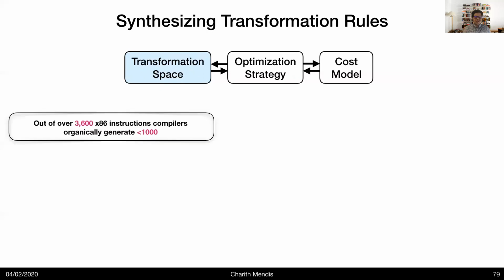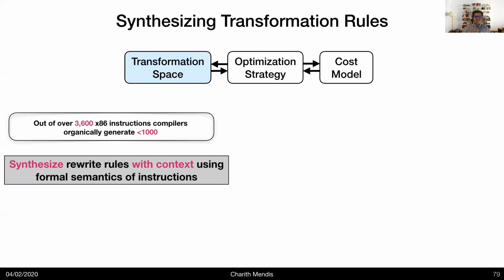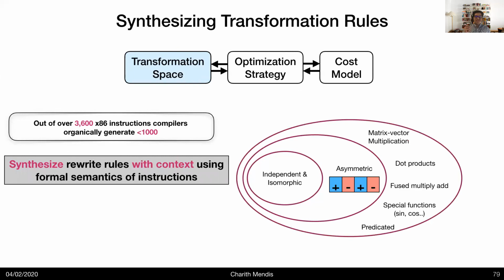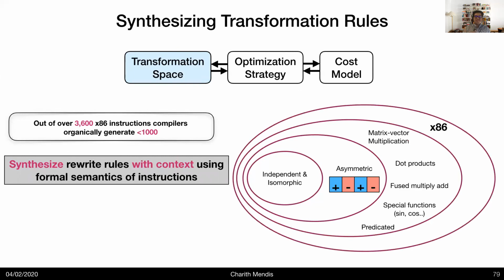As an example, modern day compilers only use a small fraction of available x86 instructions. I want to explore if we can use program synthesis based techniques to come up with richer transformation rules to automatically exploit the entire transformation space, which can cover most interesting instructions in x86 and possibly the entirety of it.